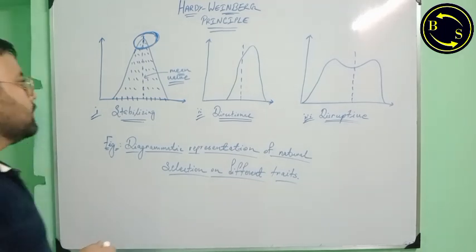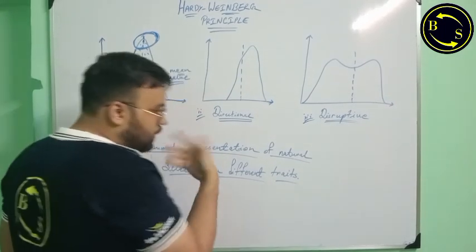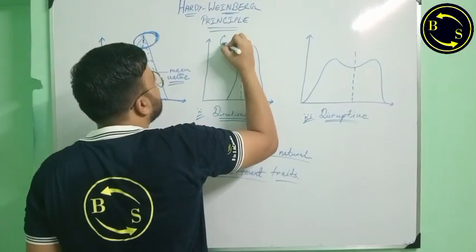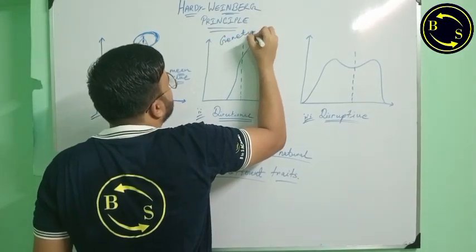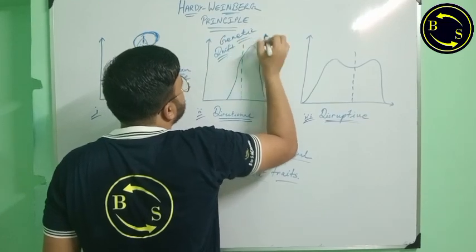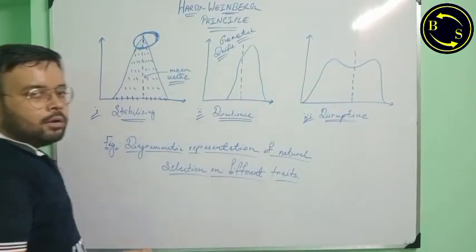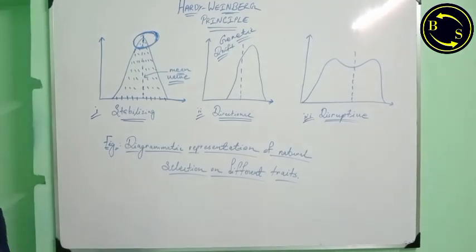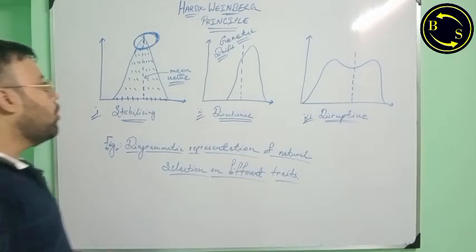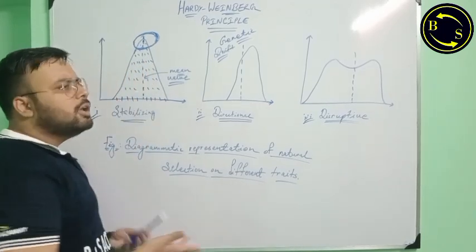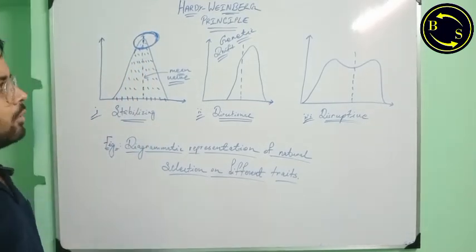Next is directional. Suppose genetic drift has occurred. Say there were two kinds of traits, one is yellow and one is blue. Due to some accident, all the yellow individuals have died off, or most of the yellow individuals have died off.